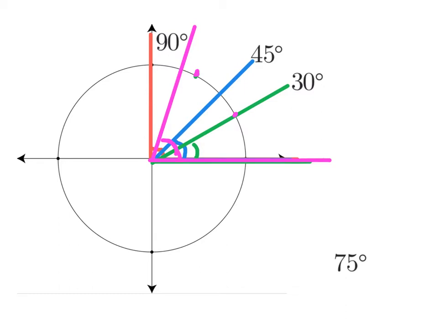And there would be our 75-degree angle. What we're trying to do is really just get the terminal side in the right quadrant and approximately in the right position. This is just a good estimate. If you wanted to be accurate, you'd have to break out a protractor to help you measure that angle accurately.